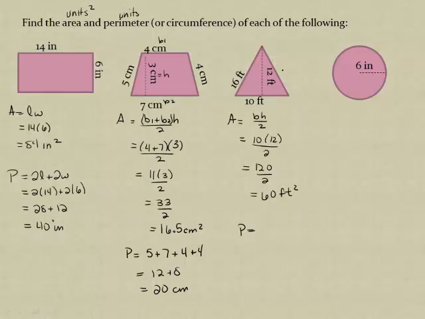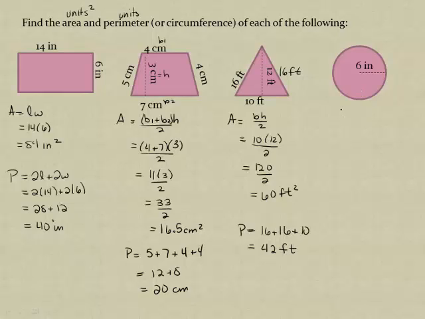Now I was not given this side, but since I wasn't given this side and this appears to be an isosceles triangle, I'm going to go ahead and say this was 16 feet. If it was not an isosceles triangle, I would not be able to do that. So 16 plus 16 plus 10 is 42 feet.